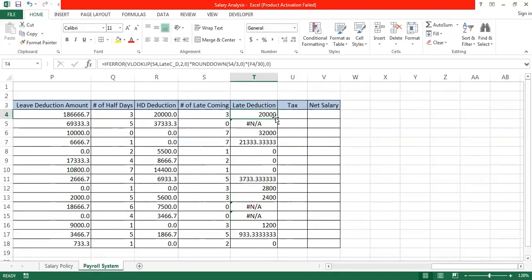So now you can see for 0 late comings, no deduction. 1 late is allowed, 0 deduction. 2 lates are allowed, again 0 deduction. On the third late, 1 day's salary deduction, and 1 day salary was 2000.